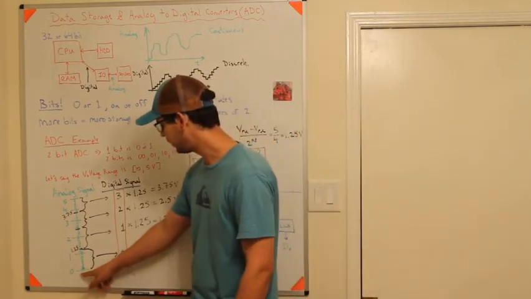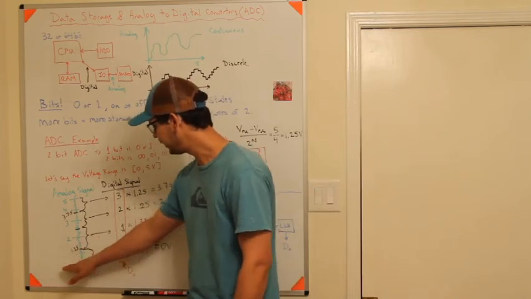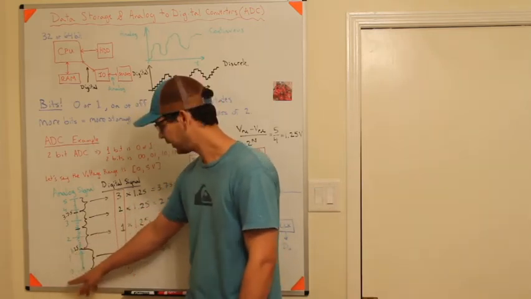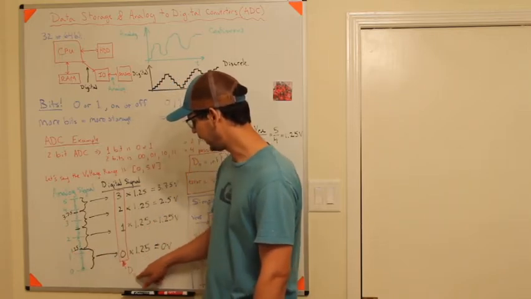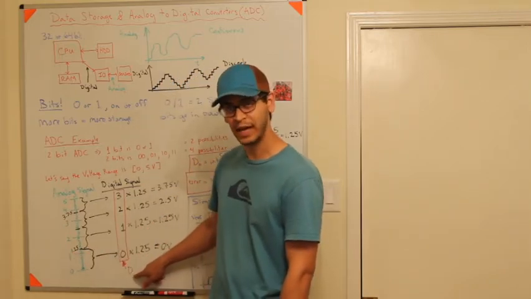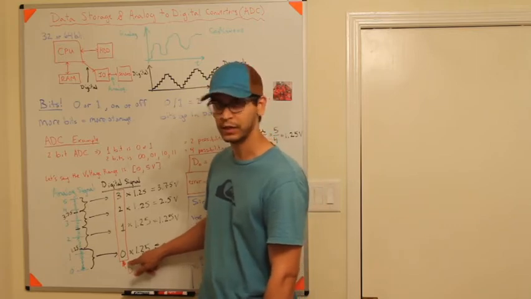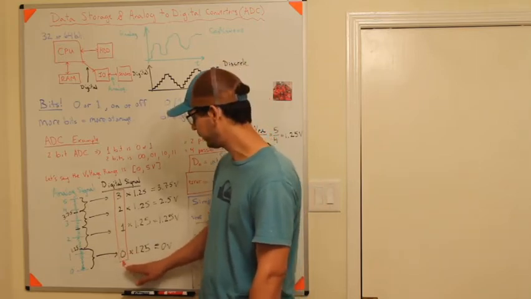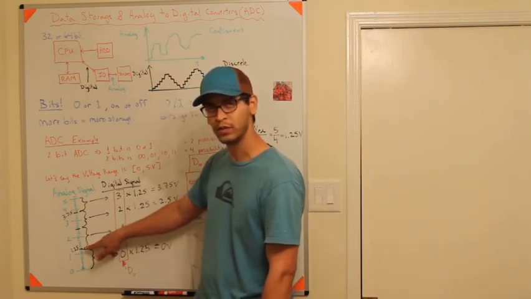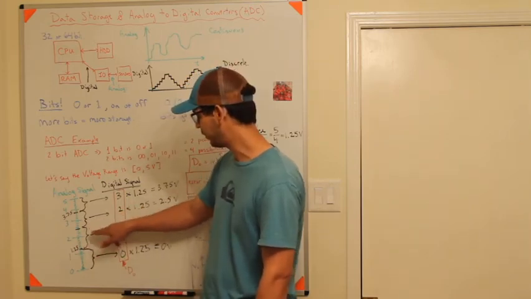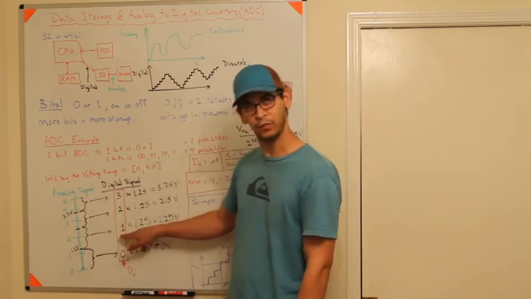And so that basically means if I receive an input signal that is anywhere between 0 and 1.25 volts, I'm going to give it a DO, a digital output of 0. Okay, that's not a voltage, it's the digital output. If I receive a signal between 1.25 and 2.5, I'm going to give that a digital output of 1.